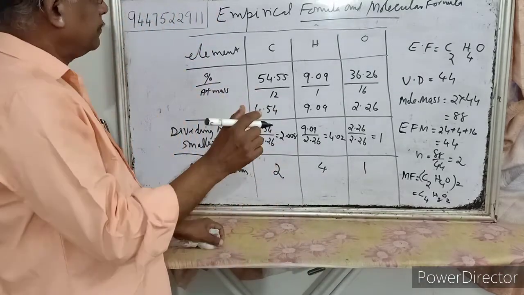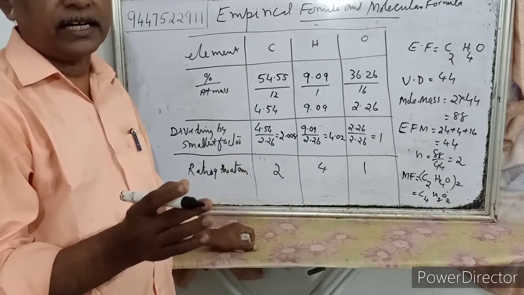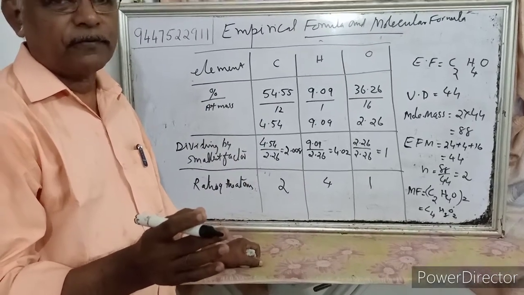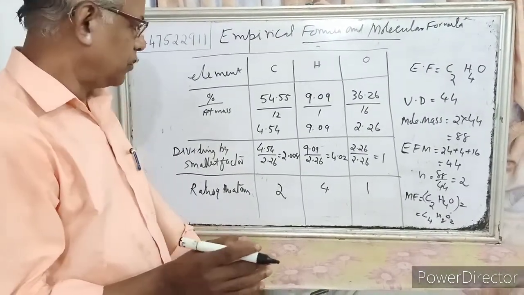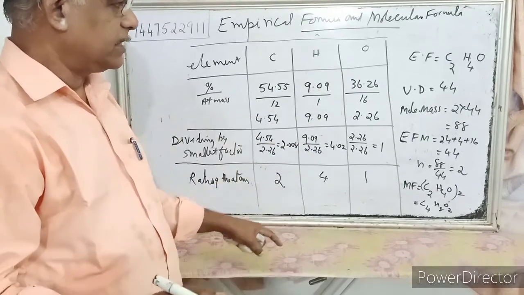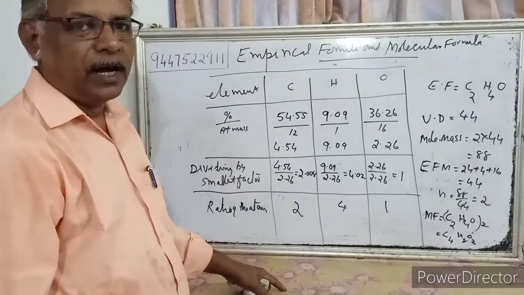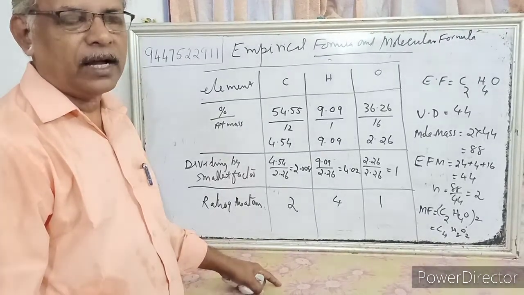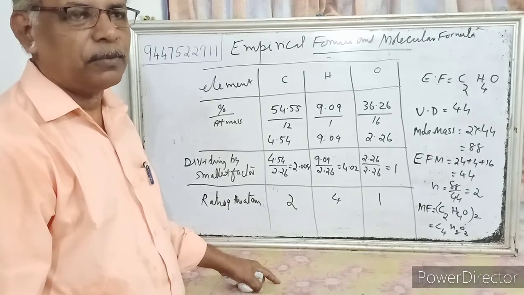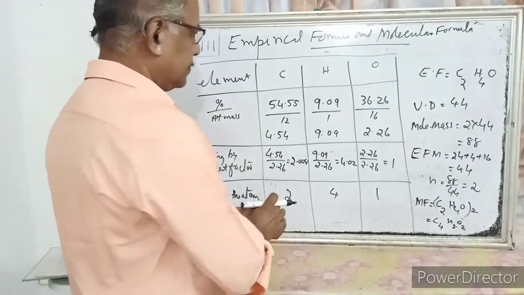So summing up, empirical formula shows the ratio of the different atoms present in the molecule. Molecular formula shows the actual number of atoms present in the molecule. For calculating it, molecular formula is equal to empirical formula n times, where n is equal to molecular mass by empirical formula mass.